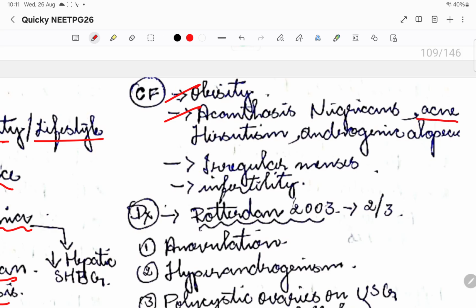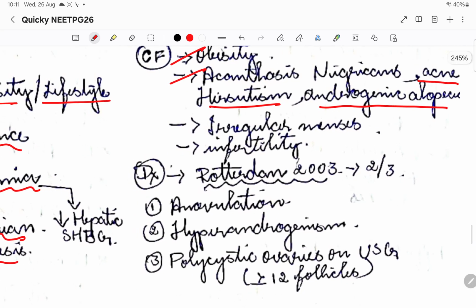Acne will be there because of high testosterone, hirsutism, and androgenic alopecia might occur in this particular woman. Then there is irregular menses, because there is no progesterone, and infertility because there is no matured follicle at all. These are the clinical features the patient might present with.